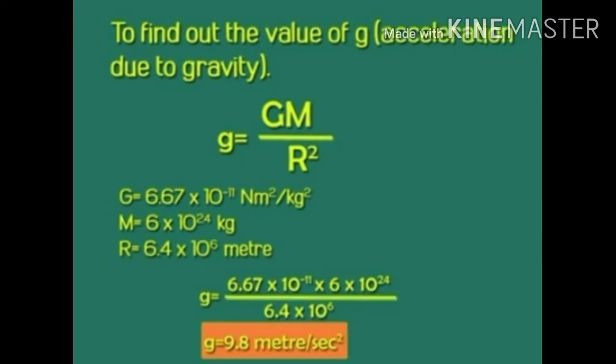After substituting, we get g = 9.8 m/s². Thus, the value of acceleration due to gravity of the Earth is g = 9.8 m/s².